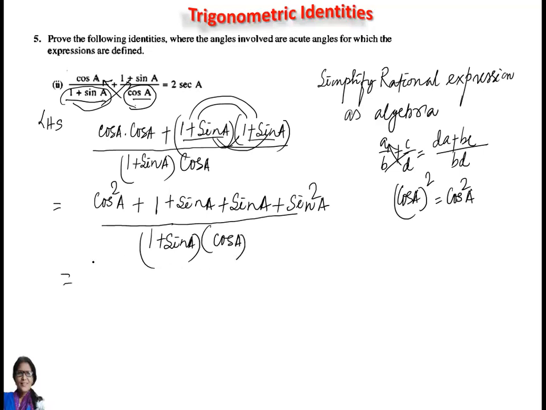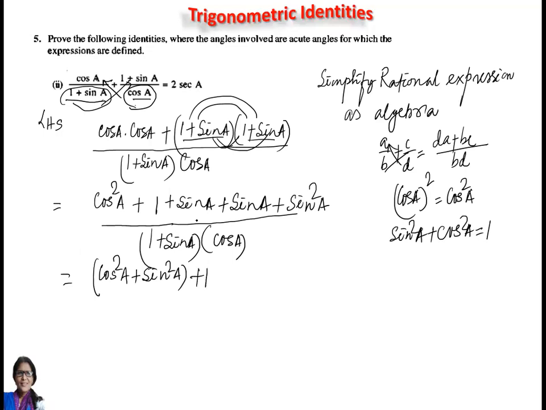So how much is it now? I need simplification. So I'll write cos square A and sin square A together and make a group. Why? Can you guess? Because you know that cos square A plus sin square A makes 1. So it will be simplified.